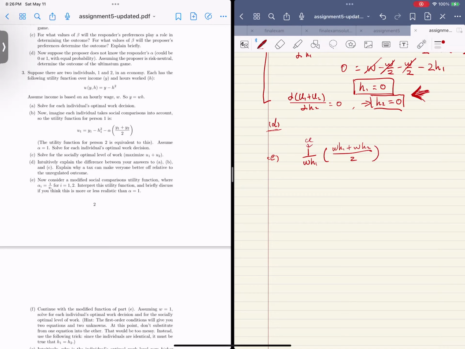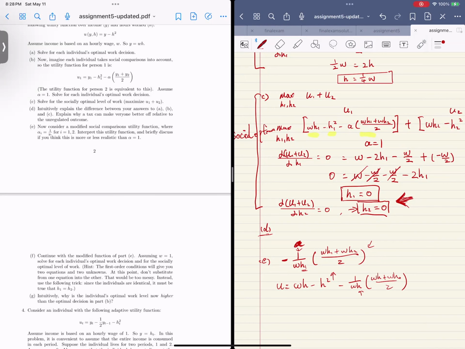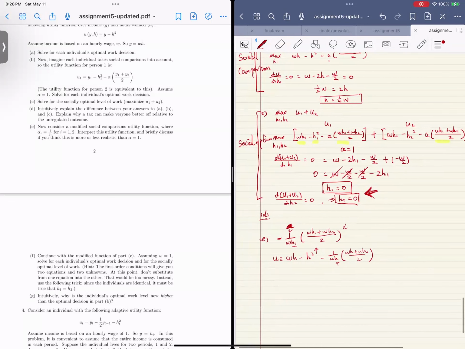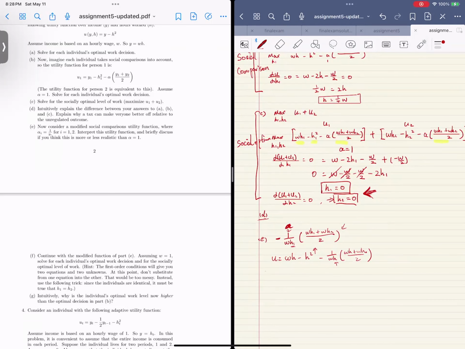So if I work long hours, I would discount this comparison a lot more. But if I work fewer hours, I would discount it less. Yeah, I'm not so sure. Same thing as the previous one. Do some reading and then maybe interpret it in a better way than I can for now.